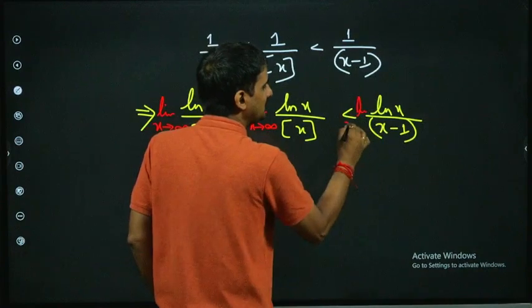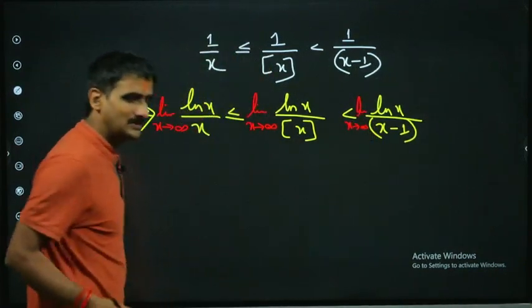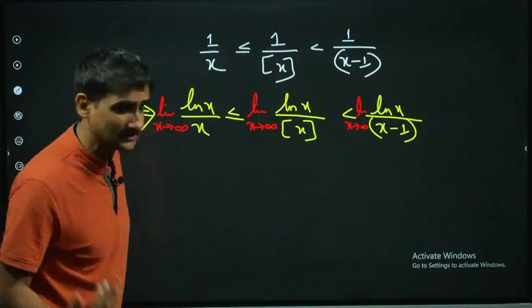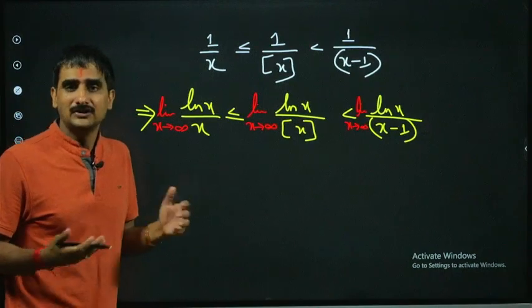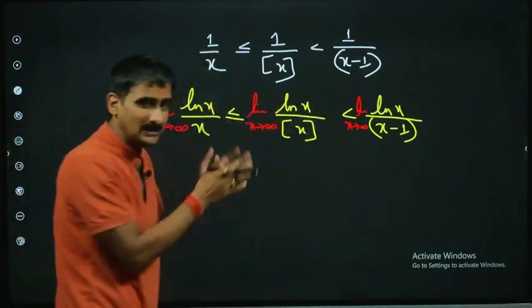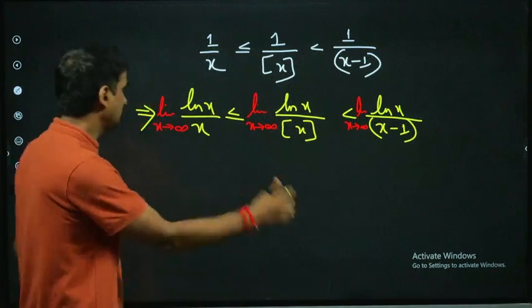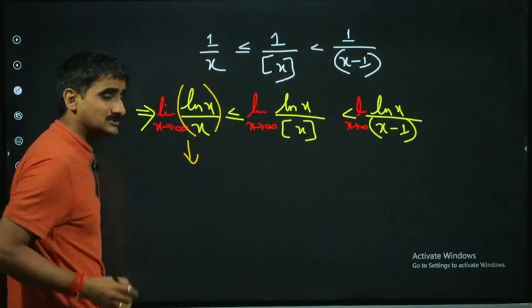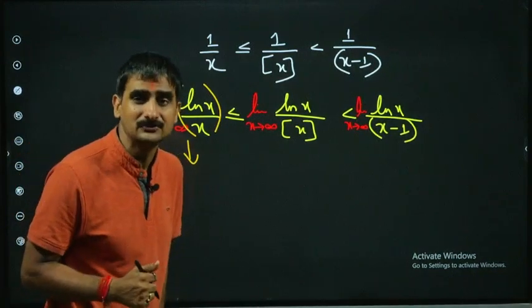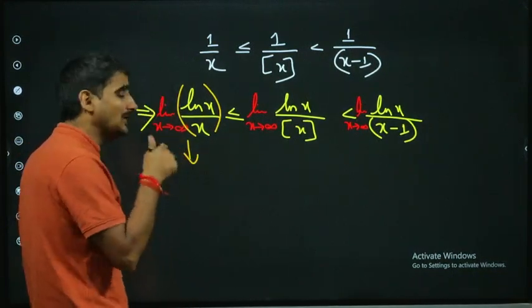If the limiting value of the left extreme and the right extreme functions comes out to be the same as x approaches infinity, this function will also take the same value as x approaches infinity. So let's evaluate it. What about this limit? I will again be using the infinity by infinity form, so we'll be using L'Hospital's rule.